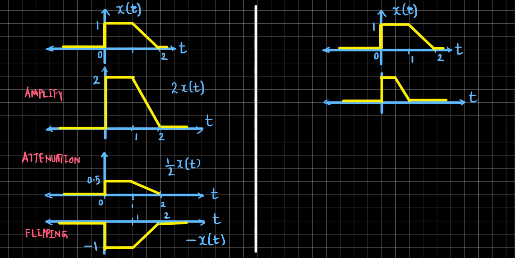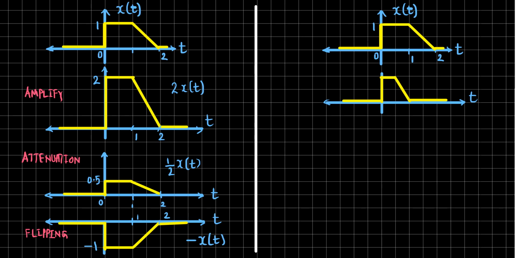Now, how have we obtained the signal? Well, you may see that this is the original signal. The resultant signal is simply the squeezed or compressed version of the original signal, and it is being compressed by a factor of 2.